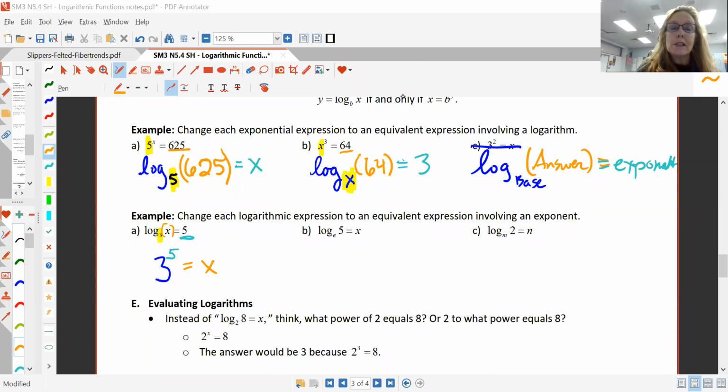Since we had exponents as little numbers, now we're still using a little number, right? But notice an exponent as a little number is up high, and a logarithm as a little number is down low, okay? So that's partially how you can tell it's an inverse. And what am I inversing? Because it's different than taking a square root.